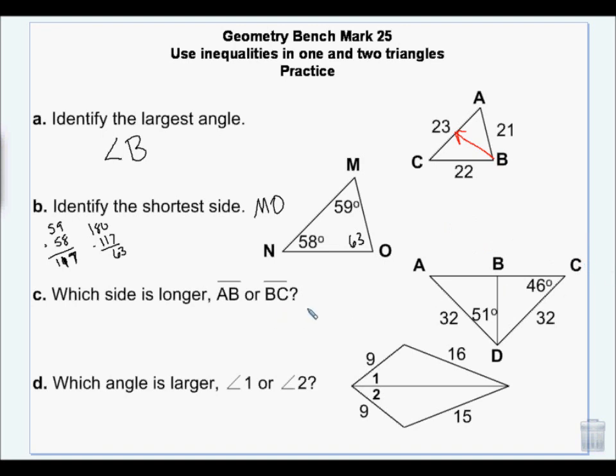Okay, which side is longer, AB or BC? I think they're the same. Well, this is 90. So if I have 90 and 46, that's 136, right? Just with these two. And then 80. Oh, wait. How do you know they were the same?